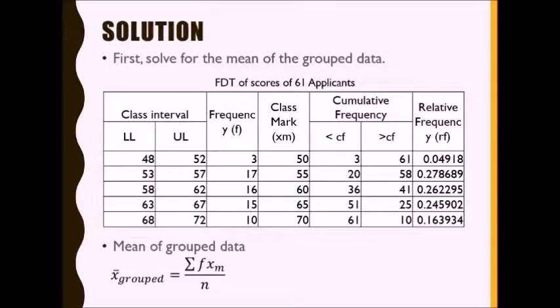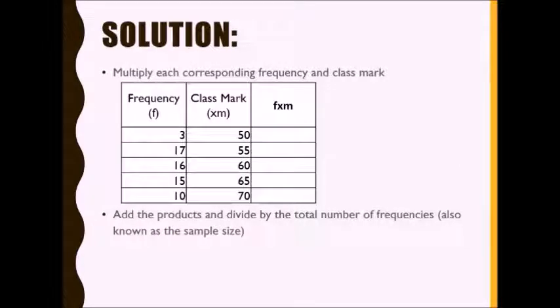So let us solve for the mean by taking our frequency and class mark. I'll separate it. If you are doing this manually, separate these two tables, because on the third table we will put the product of the frequency and the class mark.